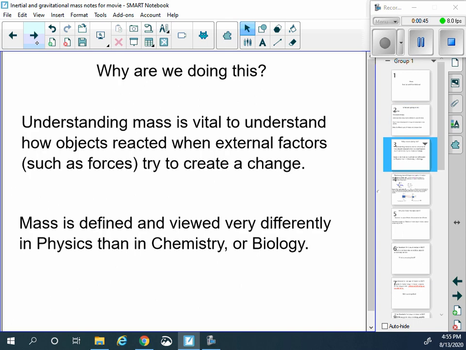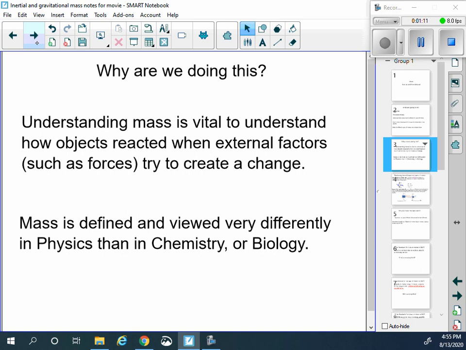Why are we doing this? Because understanding mass is vital to understanding how objects react when there's an external force that's trying to create a change upon them. Mass is defined and viewed very differently in physics than it would be in chemistry or biology. I'm not going to say the physics perspective is better, or more correct. I'm going to say that it's different and it's more applicable to what we do.